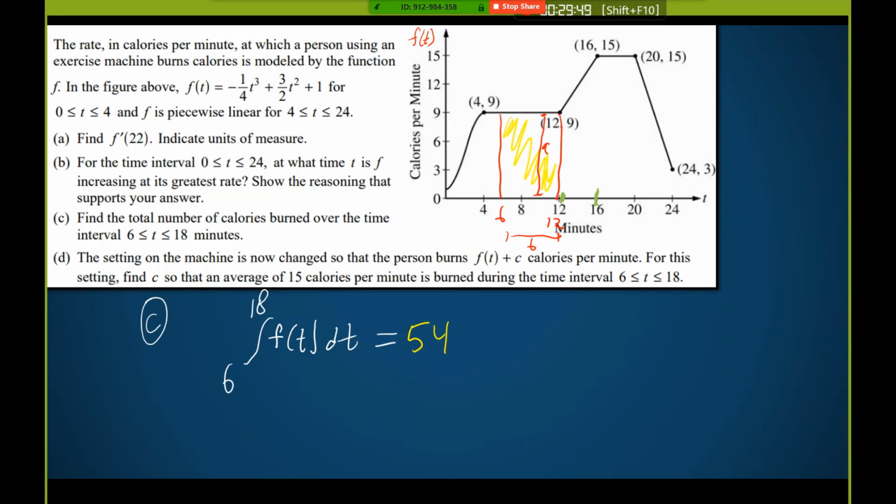From t equals 12 to t equals 16, what shape can we use to get the integral? So what shape can we use to get the area? If you want to use two shapes, you can do that instead. If you want to use one shape, you can give me that.